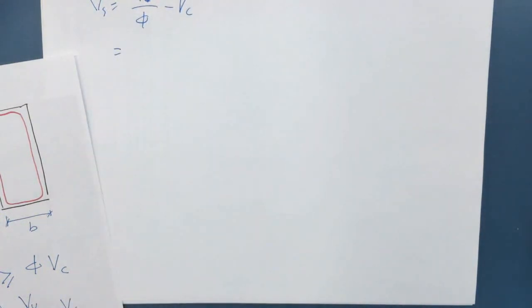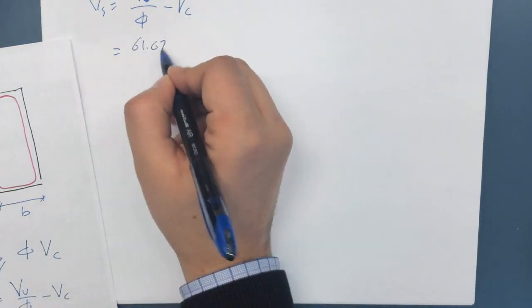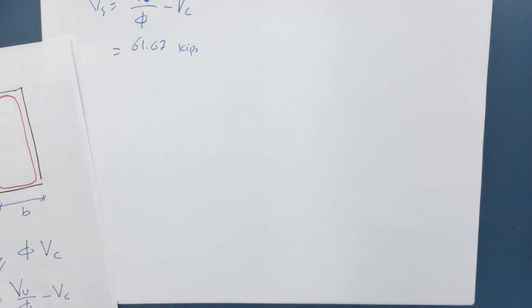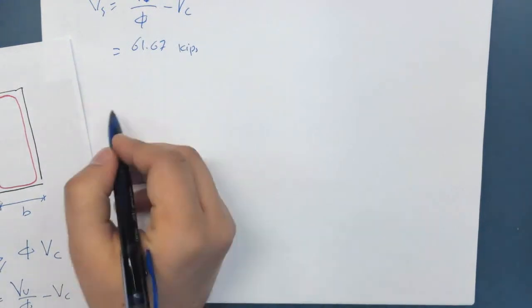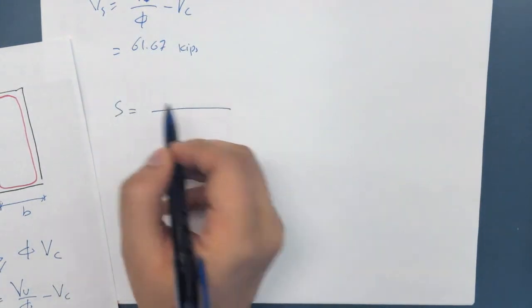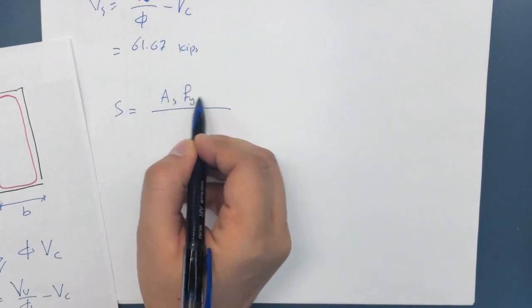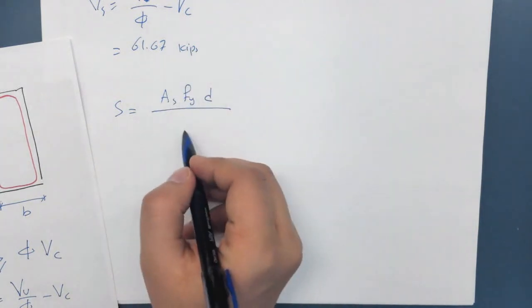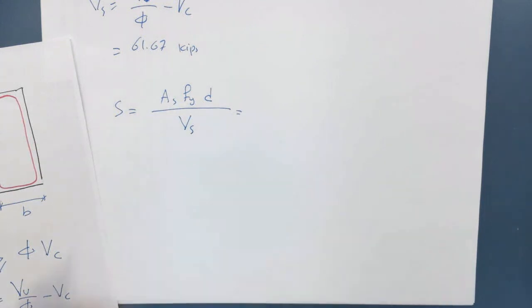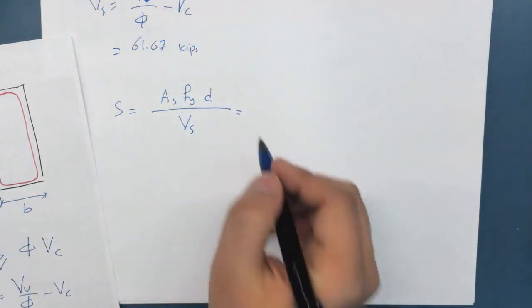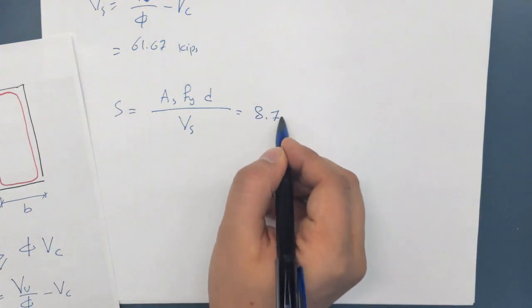And this is going to be equal to 61.67. And just plugging into the equation of the spacing, which is equal to As multiplied by fy multiplied by d, all of those things you have, divided by the Vs that you just acquired, gives you a spacing of 8.7 inches.